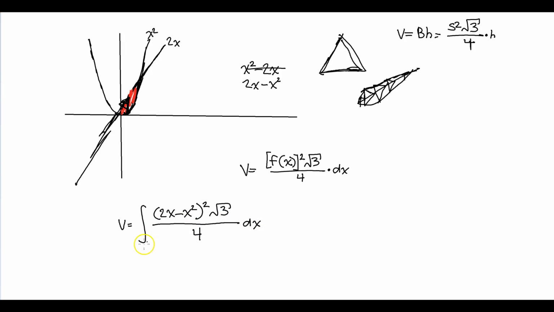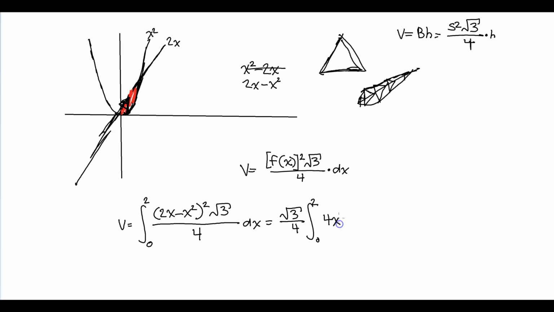Now where does this intersect? It intersects at 0, and it intersects at x equals 2. So we can take the root 3 over 4 out, and what are we left with? Well, let's expand this.